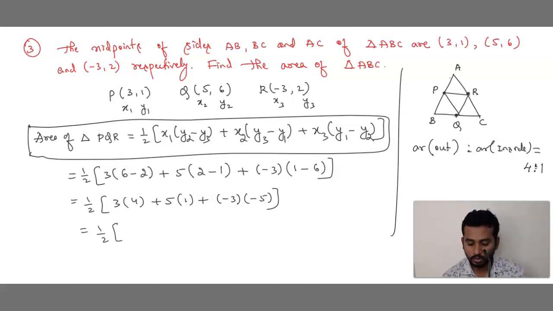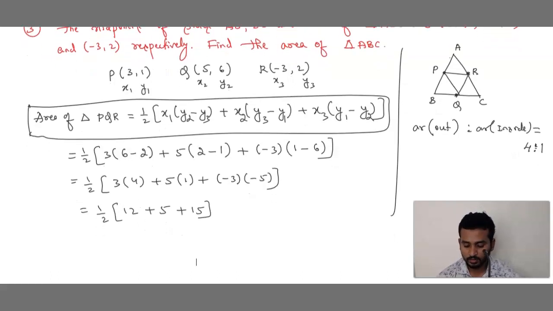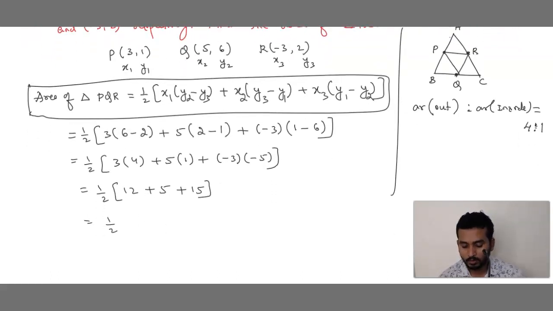Now, half into 3 fours are 12, plus 5 ones are 5, plus as it is, minus into minus, plus 3 fives are 15. Now 1 by 2 into 12 plus 5, 17. 17 plus 15, 32. That is 1 by 2 into 32. What's the final answer? 16.